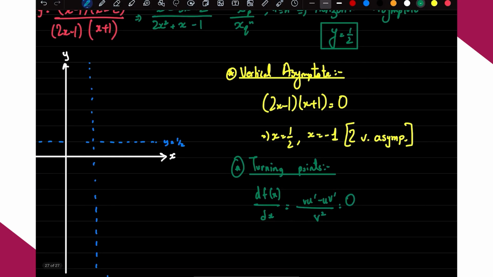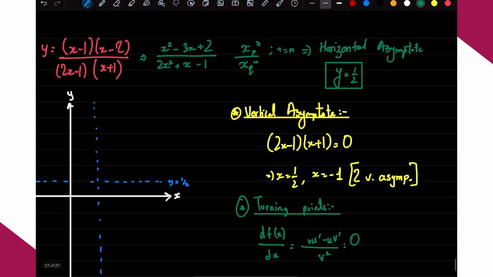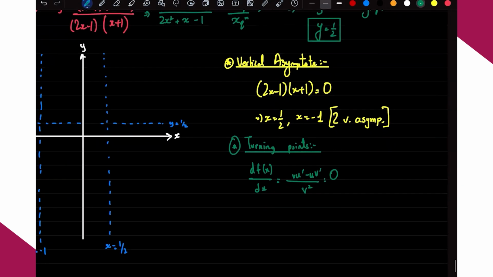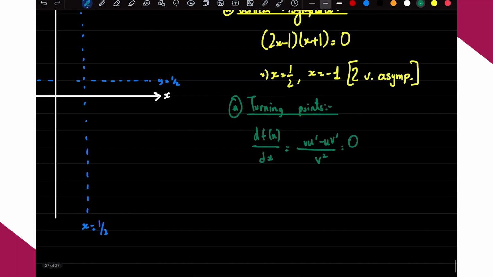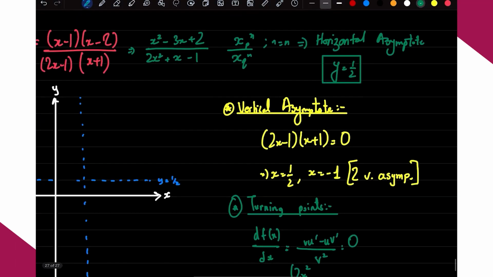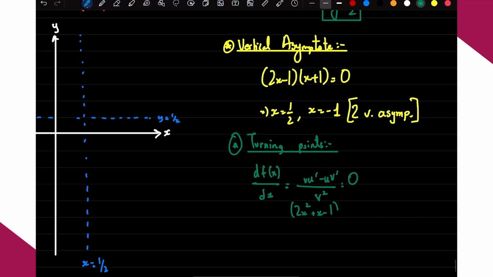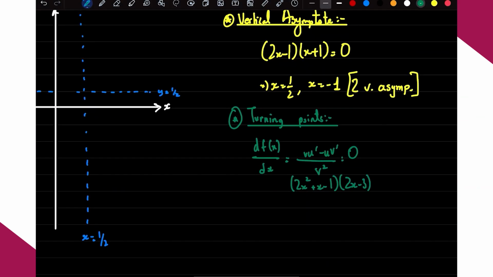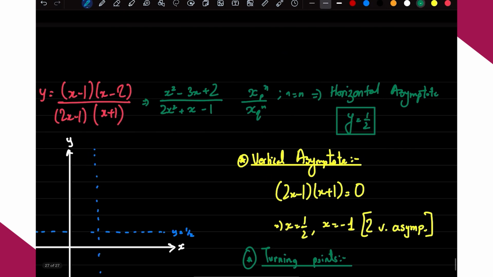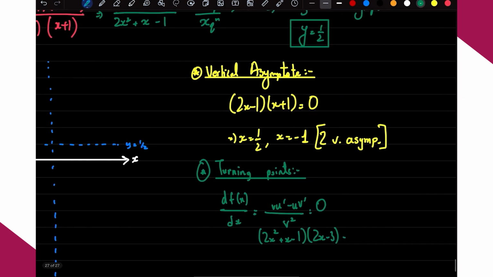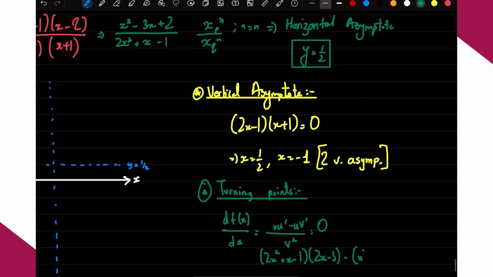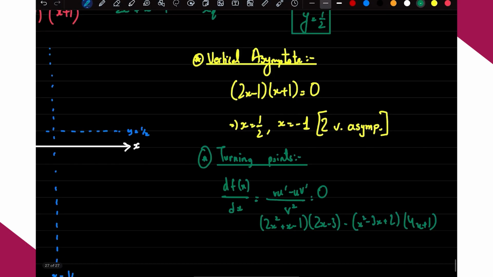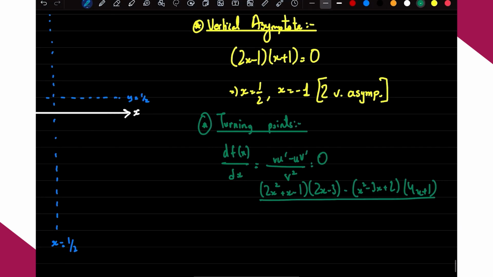That's equal to 0. So if we were to do this, we are going to be having v, that is x minus 1, times u prime, that's going to be 2x minus 3, minus u, in this case x squared minus 3x plus 2, times v prime, which is 4x plus 1, divided by v squared.